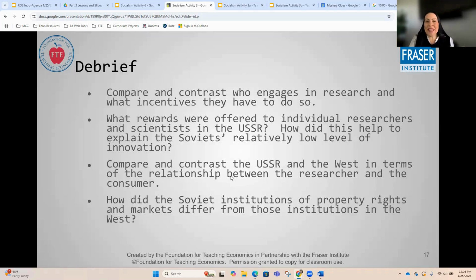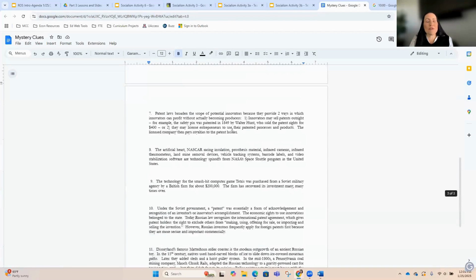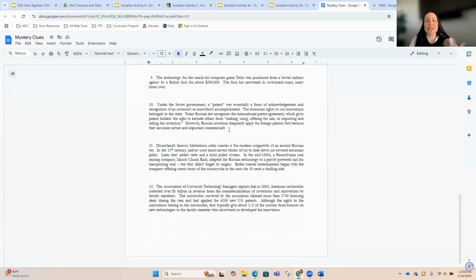And so they use those historical clues, which tell you all kinds of interesting things that were going on in the Soviet Union at that time, to solve this mystery about why, even though they had so many resources and so much knowledge, that didn't translate to economic well-being and higher standards of living. So that's activity 3 that is all about innovation, inventions, and productivity.